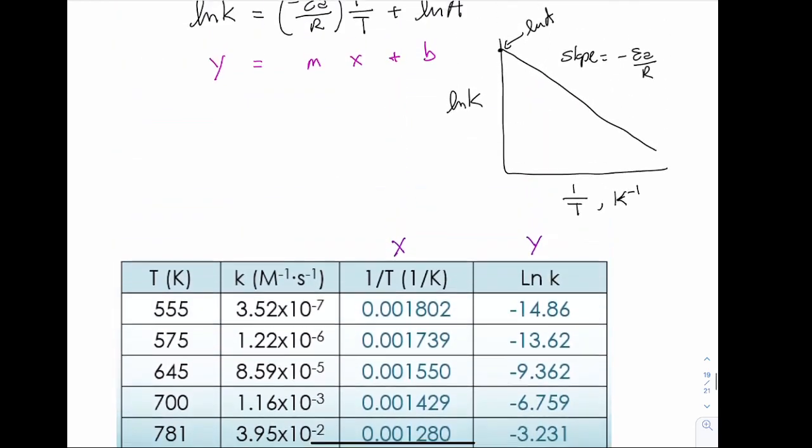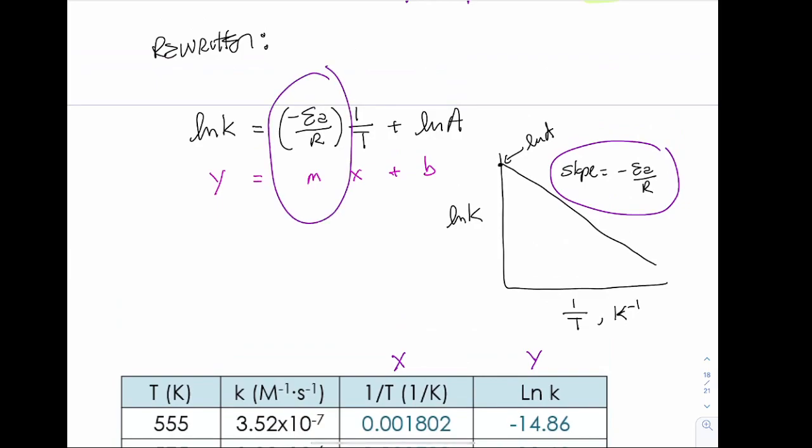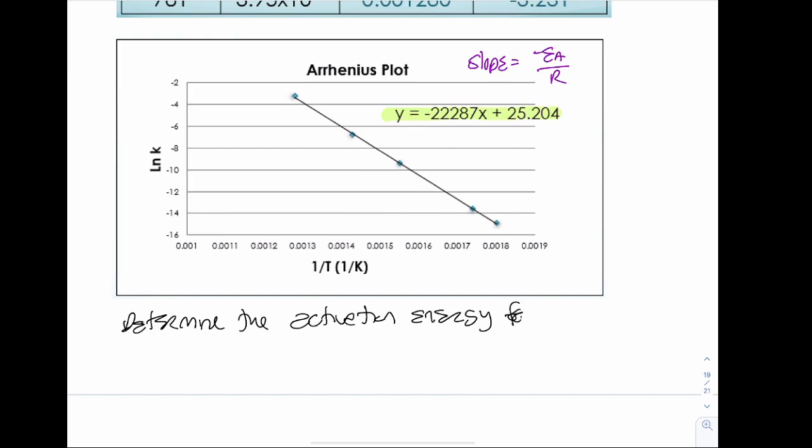If we scroll back up here, this is what our slope is equal to, negative EA over R. So what we're going to do is determine the activation energy for a reaction using the data and graph above.